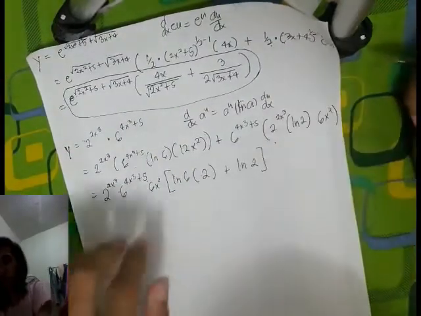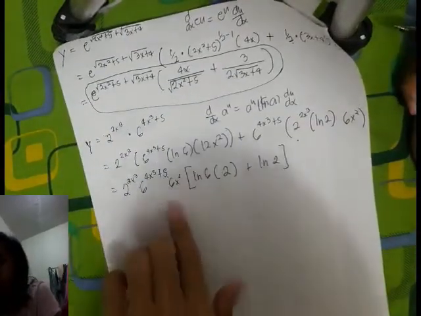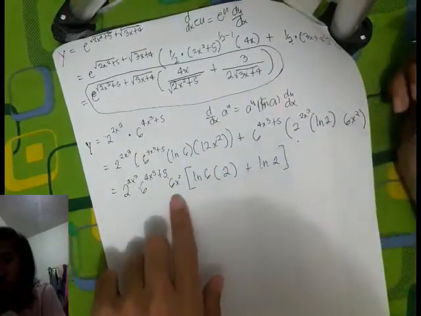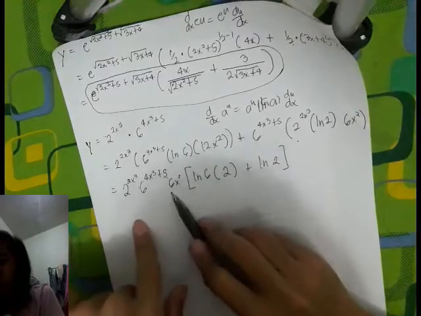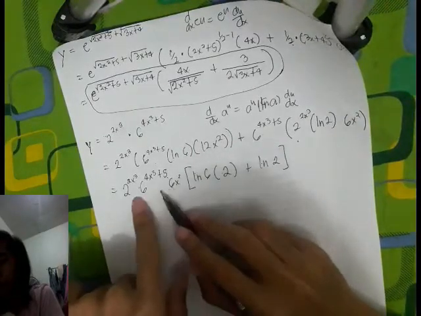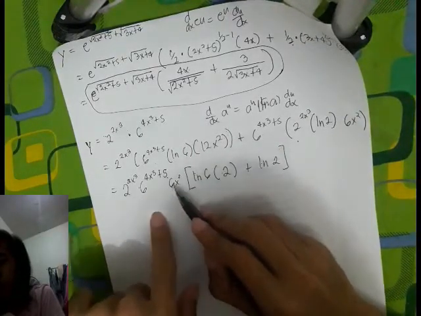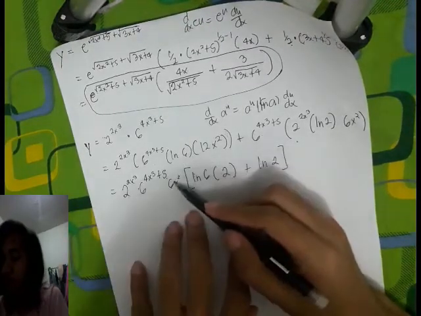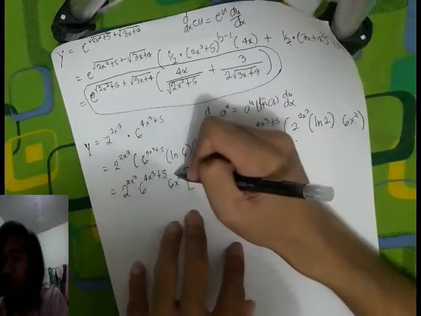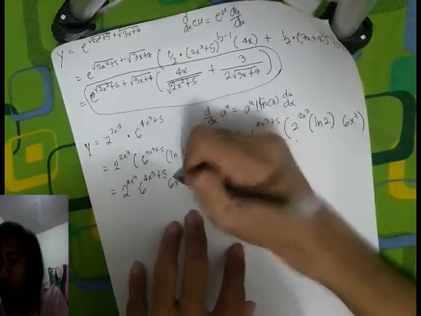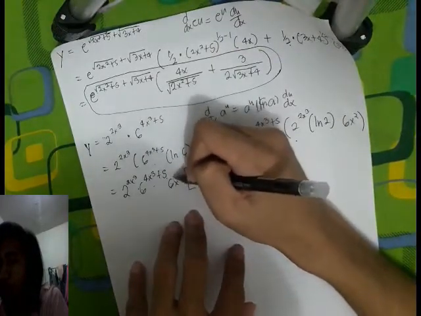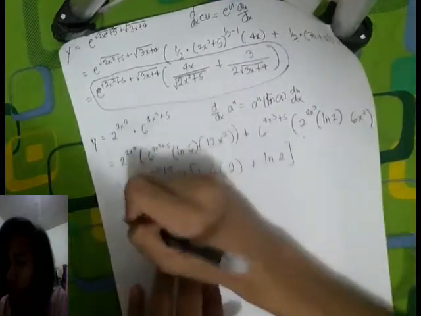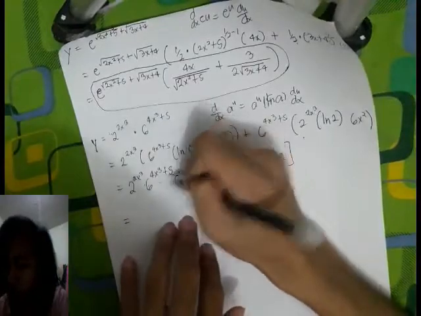So here in the exponential properties, when we have the same base and we multiply them, we add the exponent values of each base. Now the exponent value of 6 here is 1, so we are going to add the exponent values of these two.